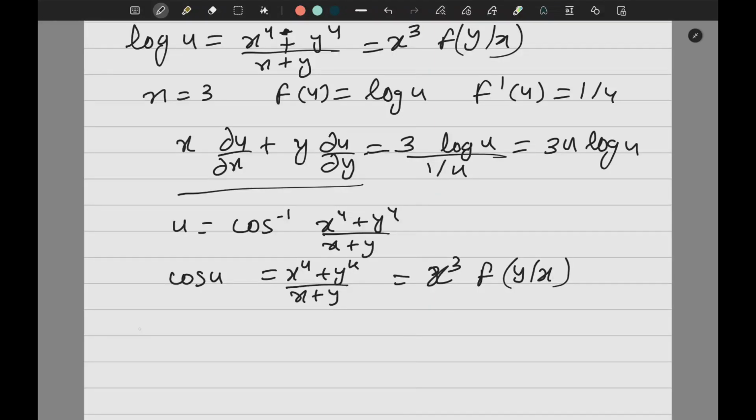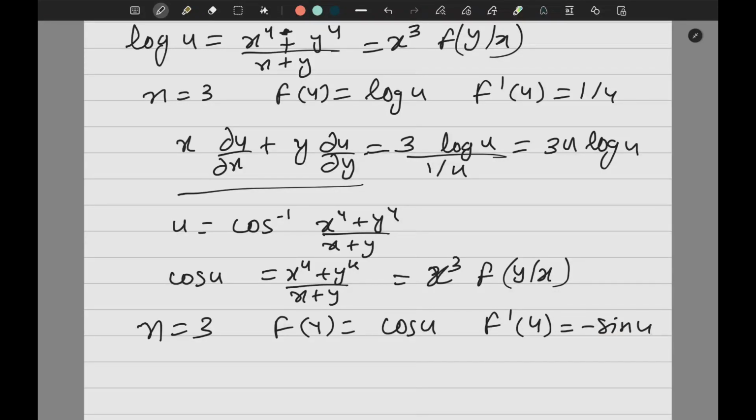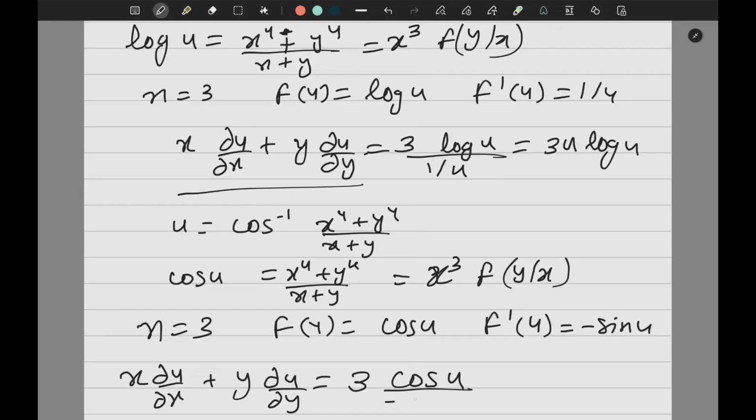So now in this question what will you write? n is equal to 3, f of u is equal to cos u, and f dash u is equal to minus sin u. Correct? So x ∂u/∂x plus y ∂u/∂y is equal to n f(u) upon f dash u. So minus 3 cot u. So this is how you have to do the questions.